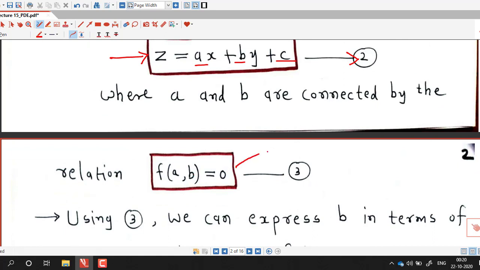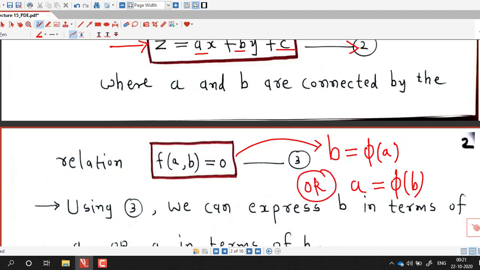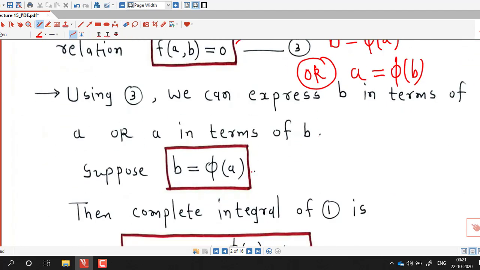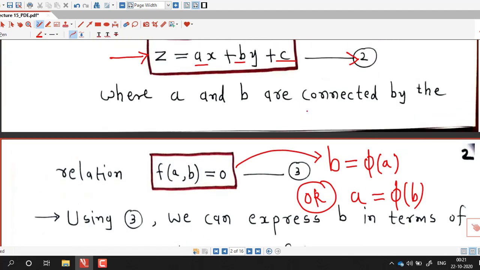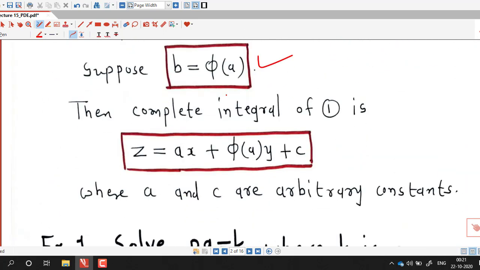Using this relationship between a and b, we can express either b as a function of a, or a as a function of b, depending on the given problem. Suppose we express b as a function of a, then we replace small b in this complete integral by the function of a, and this is the complete integral of the given equation, which is in standard form f(p, q) = 0.